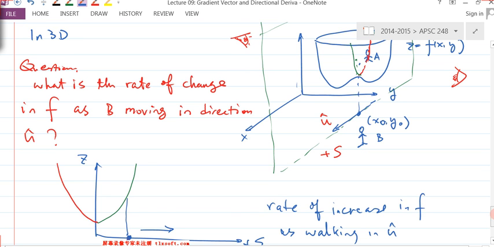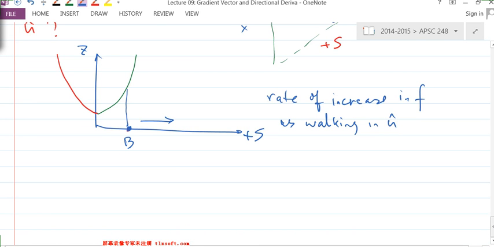Now I'm going to give you the formula, in terms of how we calculate this directional derivative. First, the definition and the notation.